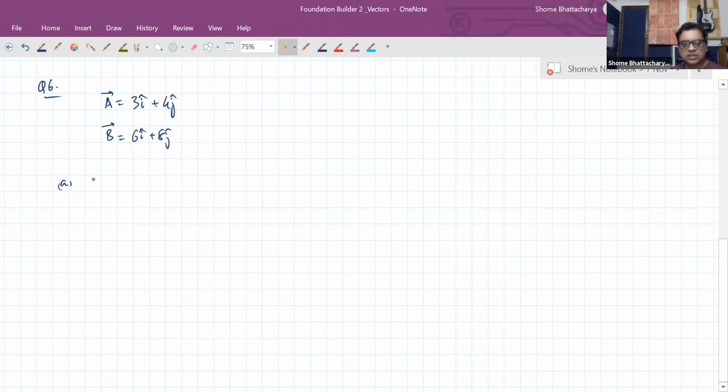Now the first statement is saying that A is parallel to B. Now we will see that this statement is in fact correct. How we'll understand this statement is correct? One is that we can see that vector B is 2 times vector A. So it means that vector B is parallel to vector A.